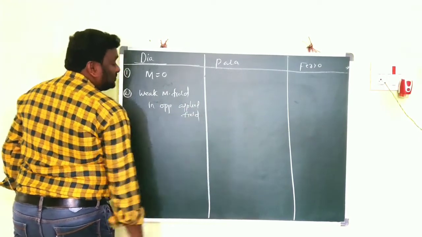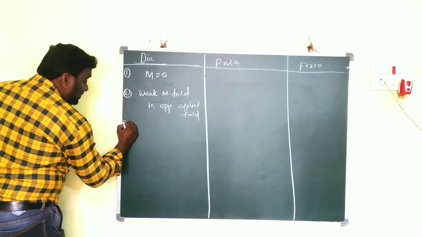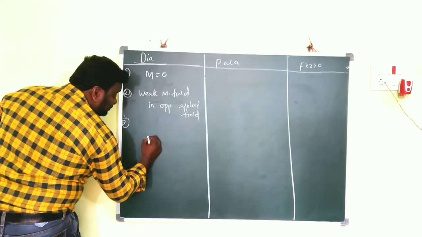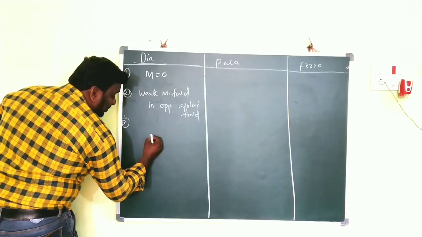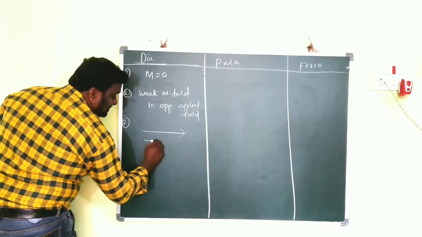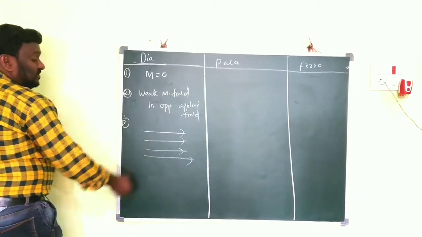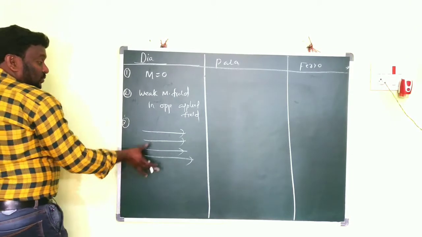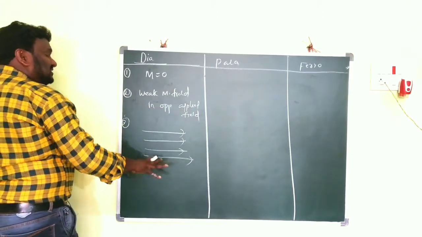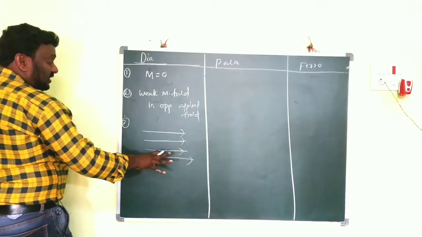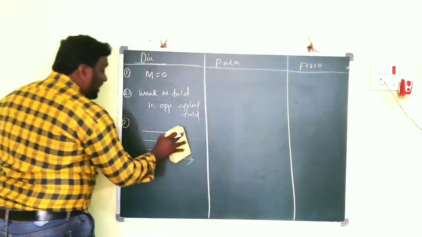Clear? And third one, children: generally we will say this is the magnetic field, and these are the magnetic field lines. So if we apply some magnetic field, some magnetic field lines are there.